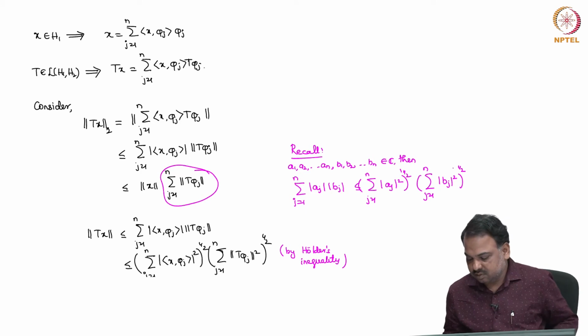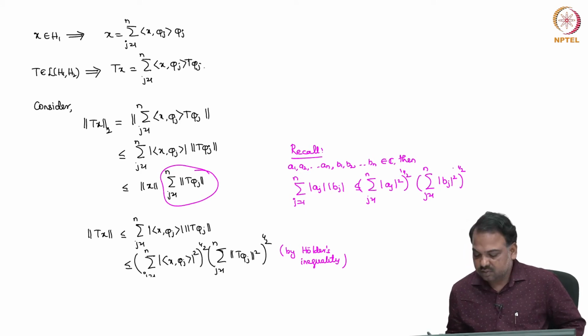For general p and q, positive numbers such that 1 by p plus 1 by q equals 1, we can replace the first factor with power p whole power 1 by p, and the second with power q whole power 1 by q, but we are taking only p equal to q equal to 2.